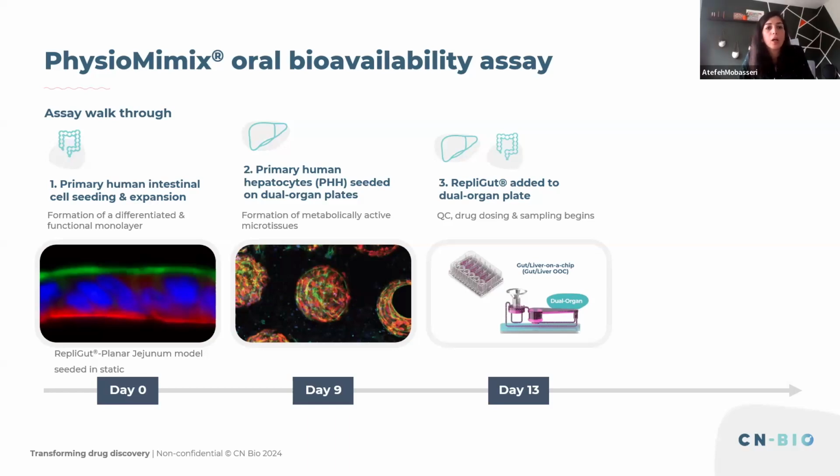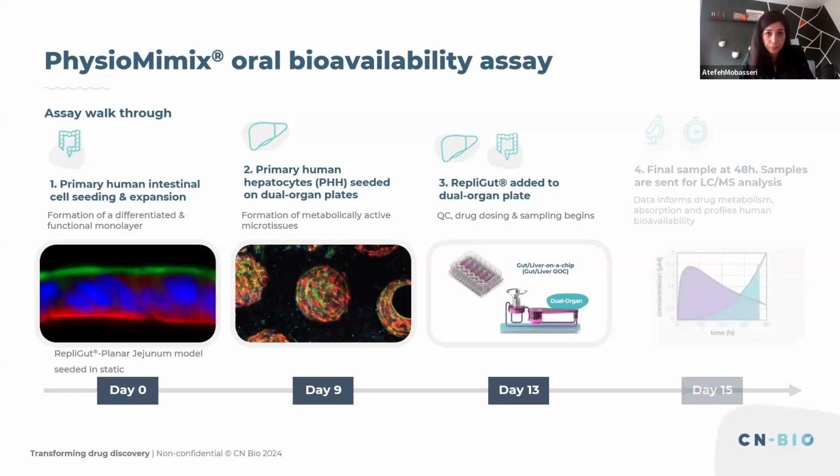At this point, we are able to start the drug dosing. We can look at different routes of administration, for example mimicking IV or oral dosing, and we can also explore different doses and dosing regimes.